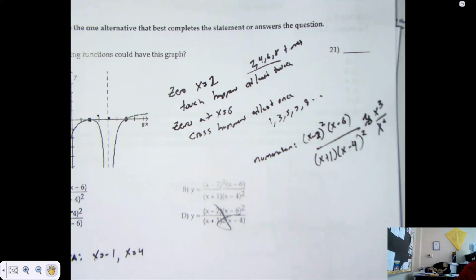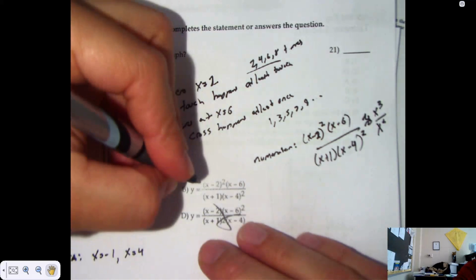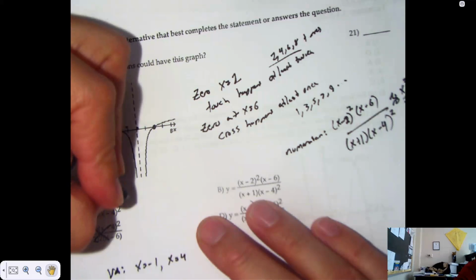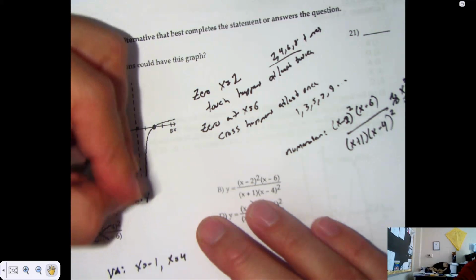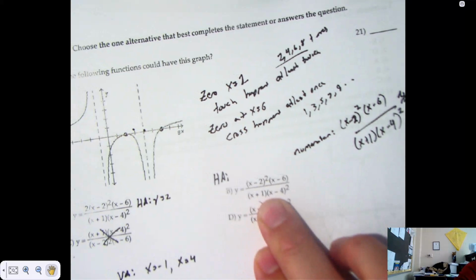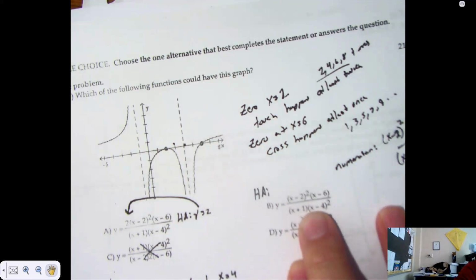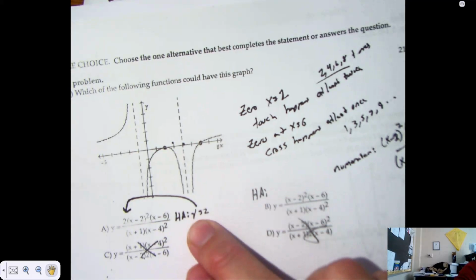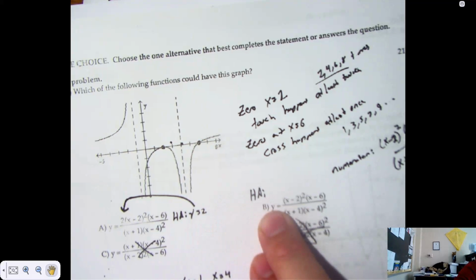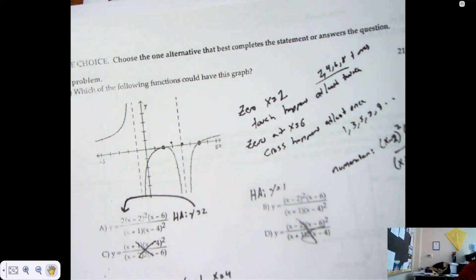Now, the big difference between A and B is A and B both talk about horizontal asymptotes. This one has a horizontal asymptote at y equals 2. And where's this one's horizontal asymptote? I told you yesterday when I did your notes, that number out front is where you find a horizontal asymptote. So that one has a horizontal asymptote at y equals 2. Where's the other one's horizontal asymptote? Y equals 1. I wonder which one's right.